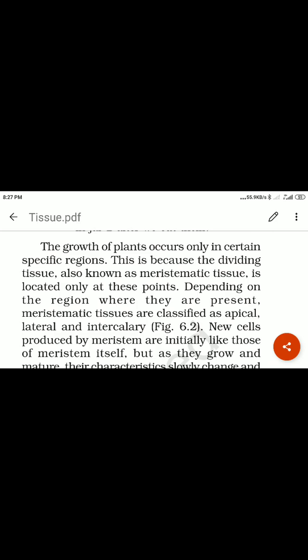This is because of the dividing tissues. Such dividing, growing cell clusters are called meristematic tissue.